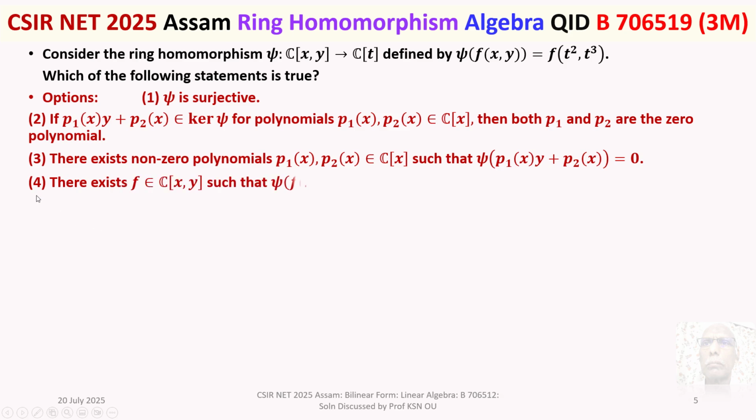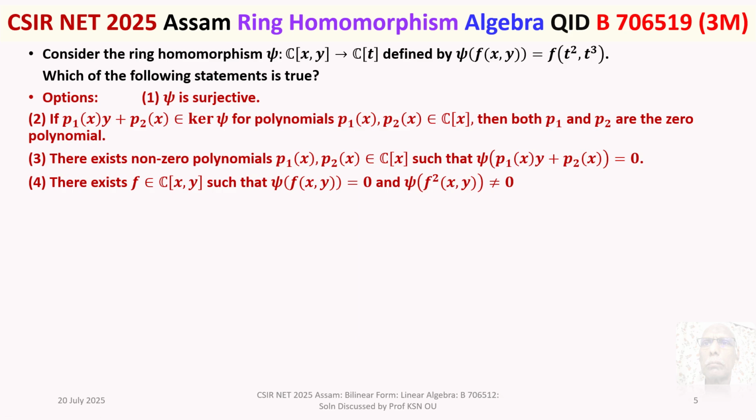Option 4, there exists an f belonging to C[x,y] such that psi of f(x,y) is 0 and psi of f squared(x,y) is not equal to 0, both of them happen.